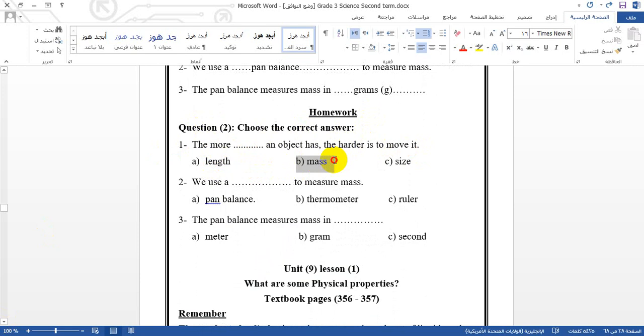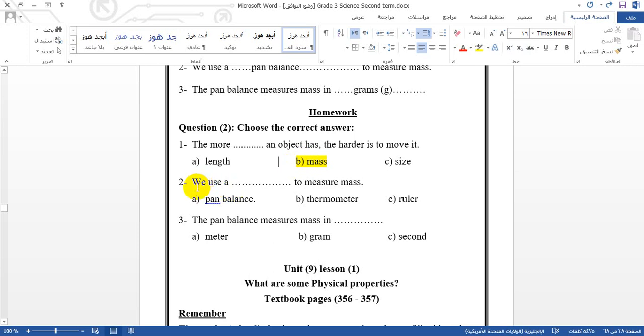If something has more mass, it means it's harder to move, right, guys? Do you remember that if any object has more mass, sure, it's harder to move it from place to place. For that reason we call it mass. So we select mass here.